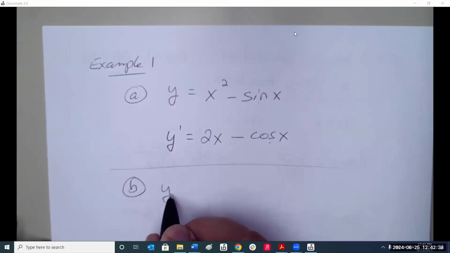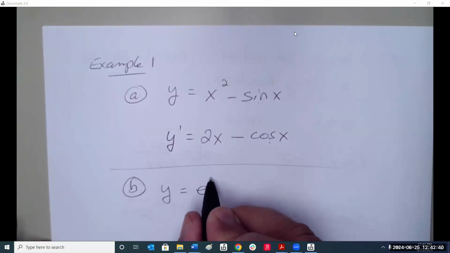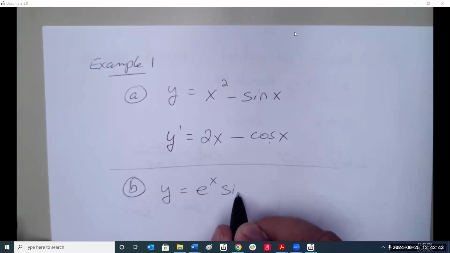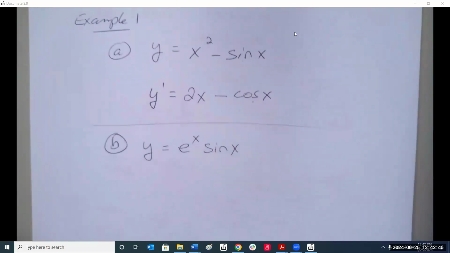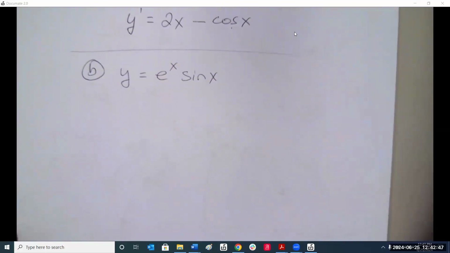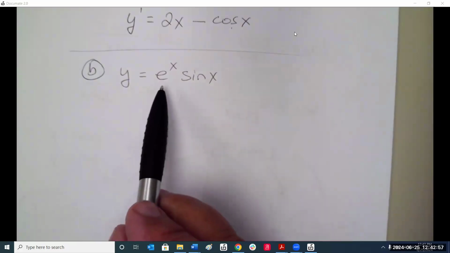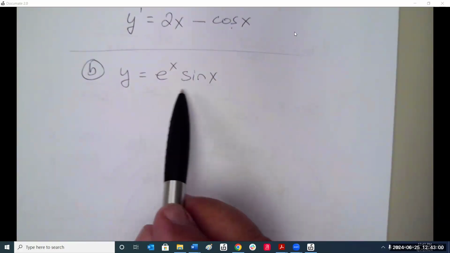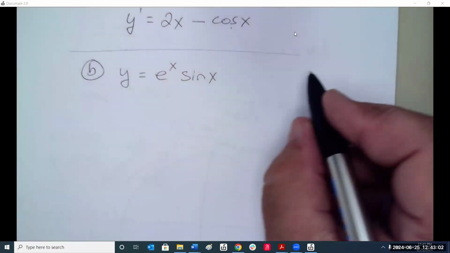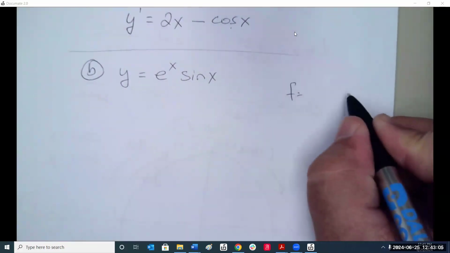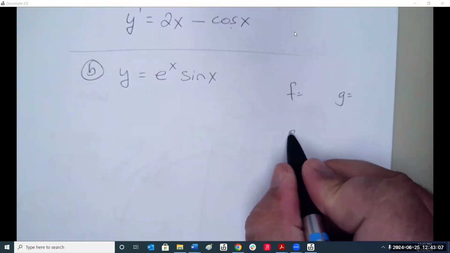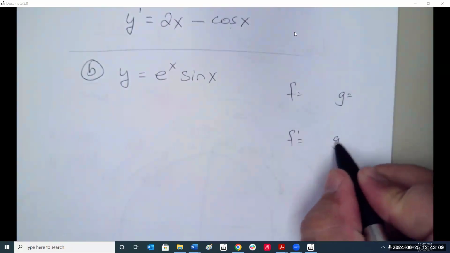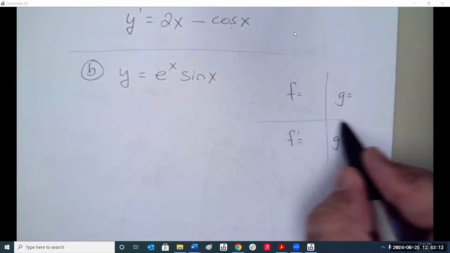B, y is equal to e to the x sine x. So what rule are we going to use here? It's multiplication. So what rule is that? The product rule. And the product rule, remember, we have to use the f, g, f prime, g prime.